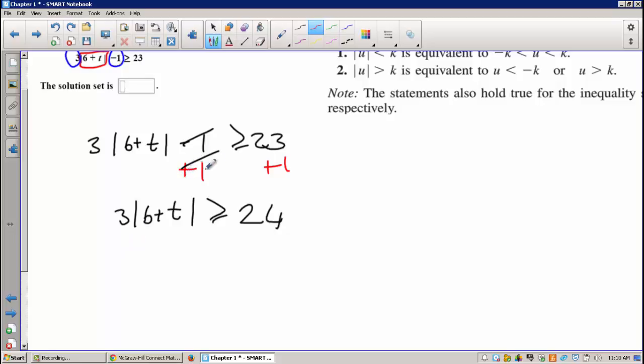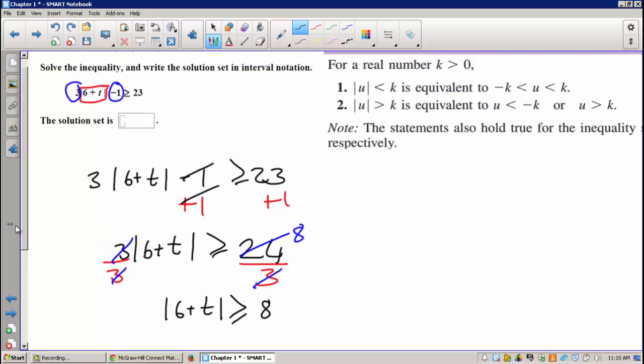We are plus 1. So 23 plus 1, 24. Next, we divide both sides by 3. And 3 goes into 24 8 times, right? Correct? 24 is 3 times 8. And 6 plus t is more or equal 8.